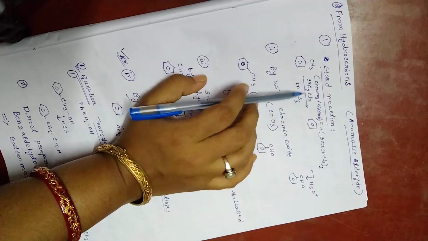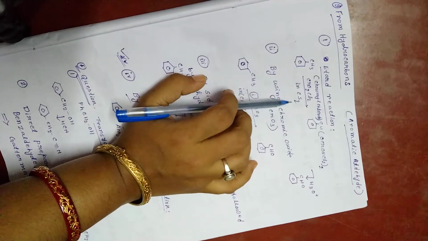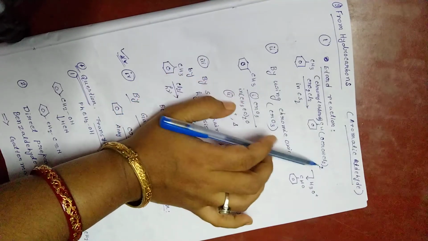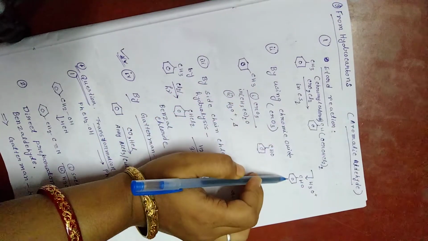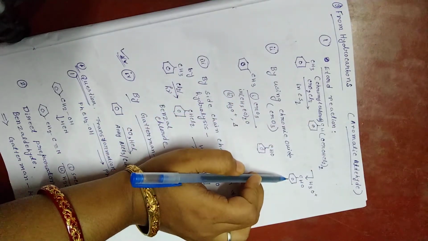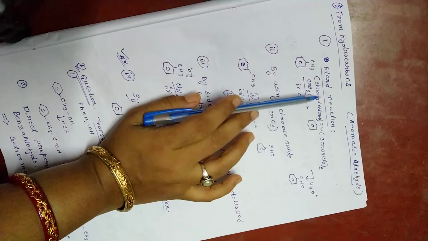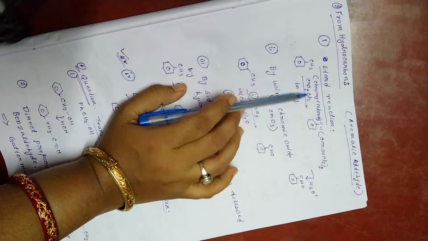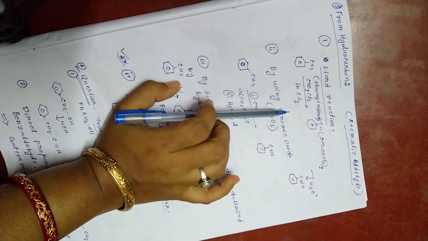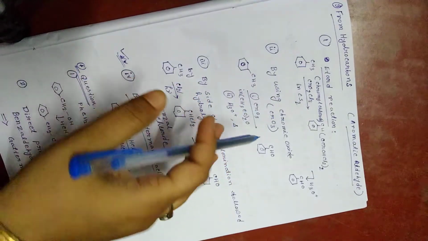Chromyl chloride in presence of an inert solvent, here we use carbon disulfide, and we get an intermediate like this, and after hydrolysis we get this aldehyde.